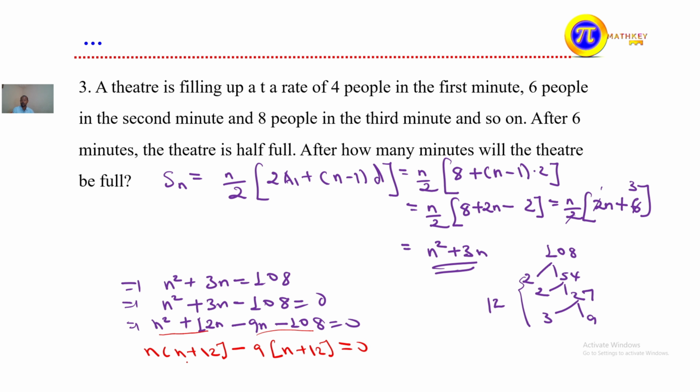Now n plus 12 is common, so (n plus 12) times (n minus 9) equals 0. What is the value of n? n equals negative 12 or n equals 9. Which one is correct? The question asks how many minutes until the theater is full, so negative is not possible. It is positive, n equals 9, so the theater is full after the 9th minute.